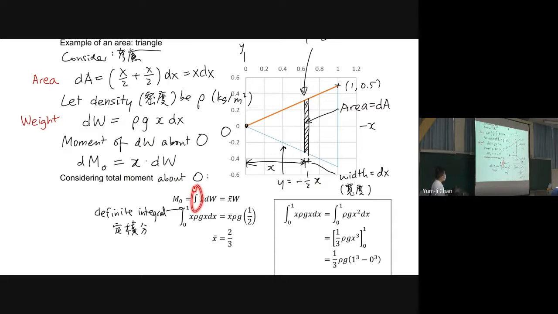And this one is equal to the moment about O due to one weight W at the distance x bar here.